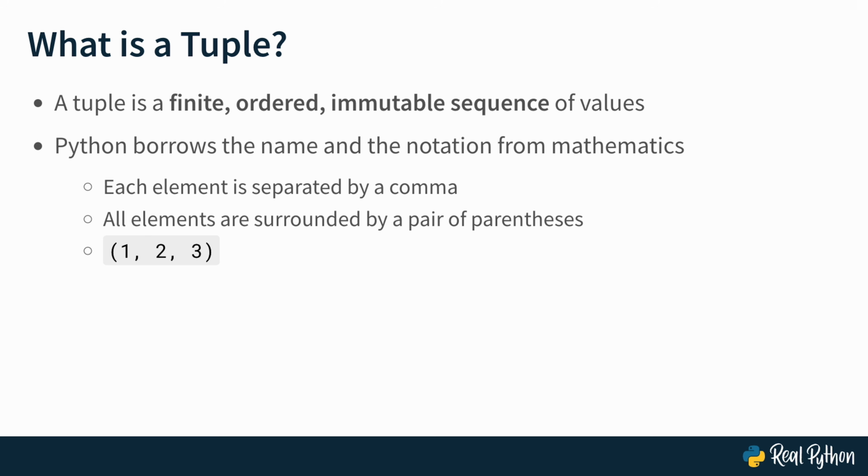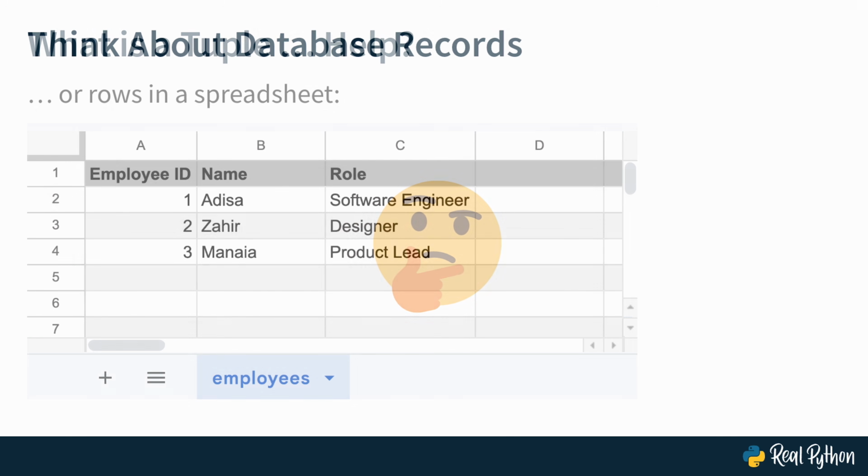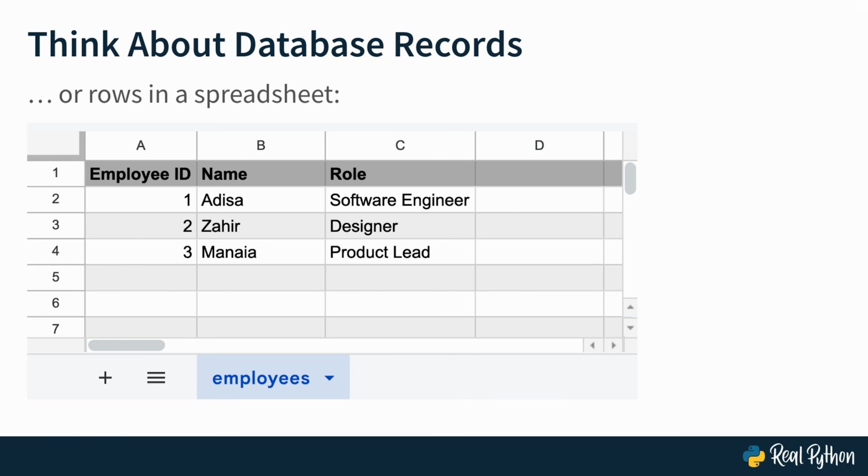Okay, so that's maybe the definition, but it's not super helpful to really understand what a tuple is. So I want to give you some help in remembering an approximation of how you can think about a tuple in Python. It's very helpful to think about database records in that context, or rows in a spreadsheet. You may have worked with some sort of a spreadsheet application before.